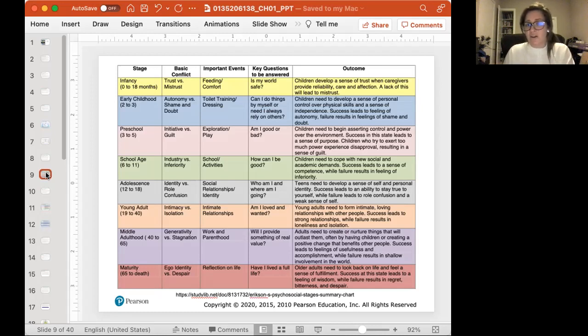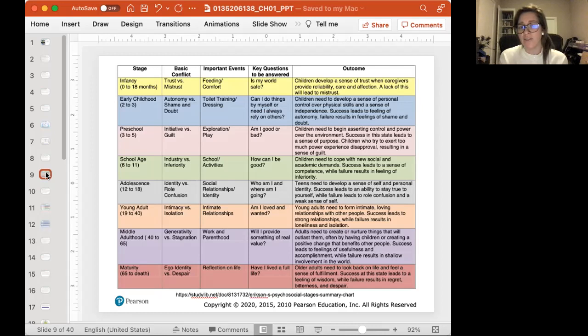Important events here involve exploration and play. And the key question to be answered, am I good or am I bad? The outcome here, children need to begin asserting control and power over the environment. Success in this stage leads to a sense of purpose. Children who try to exert too much power experience disapproval, resulting in a sense of guilt.